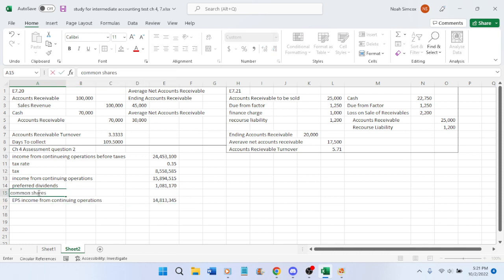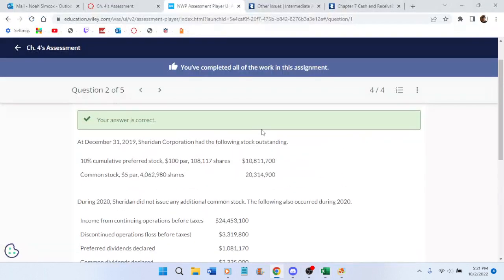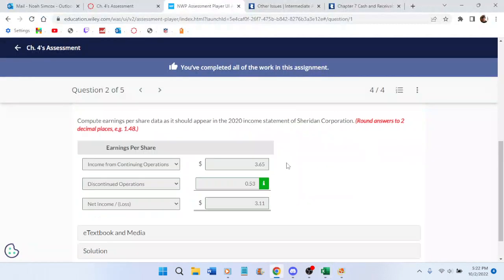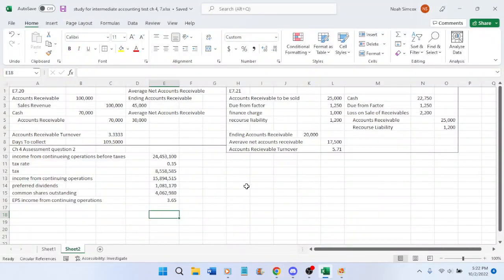Common shares outstanding is 4,062,980. So this equals this divided by this. So we got 3.65. So there we go, 3.65. Good job. I did that correctly.